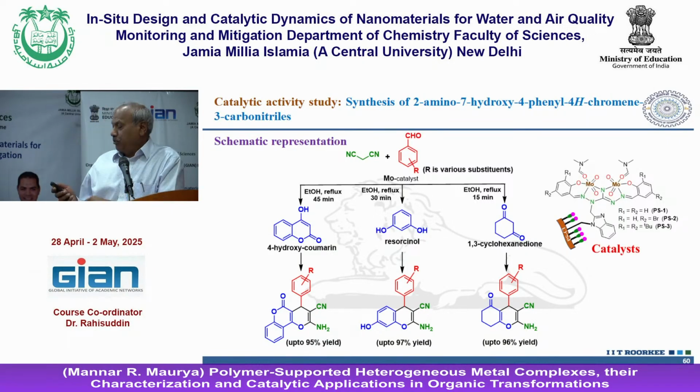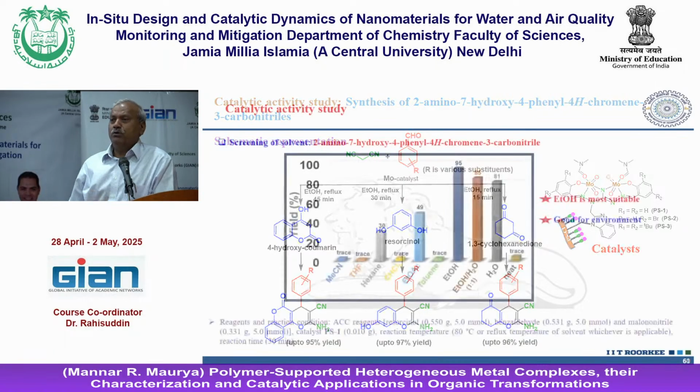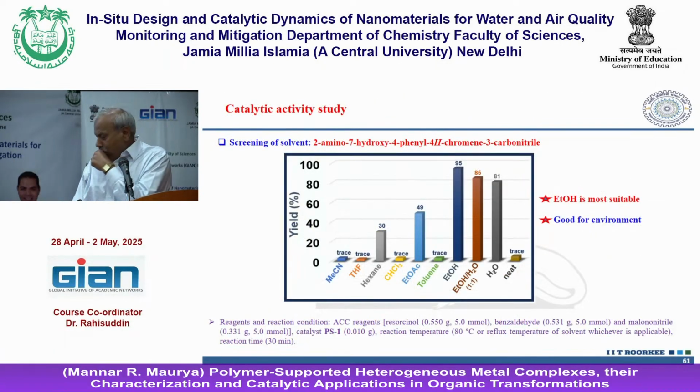So we have prepared this compound, and to prepare it we simply optimized the solvent. When you look there, ethanol gives a really good result. Ethanol is very simple, easily available, and it's a green solvent.